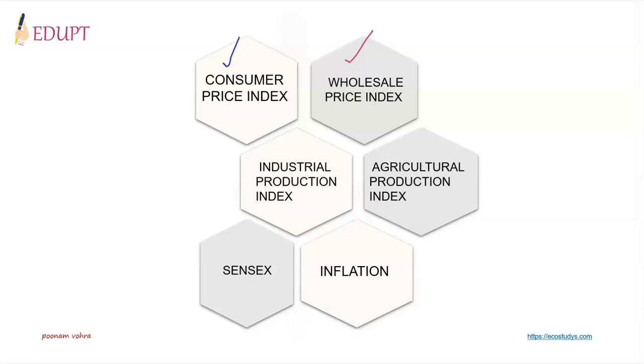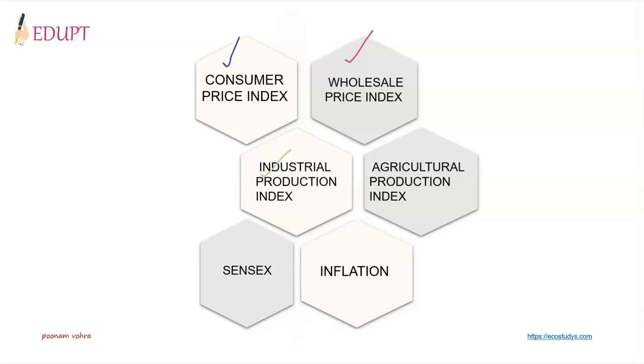Next is industrial production index. It measures changes in the level of industrial production comprising many industries and includes the production of the public and the private sector. So it is a weighted average of quantity relatives.